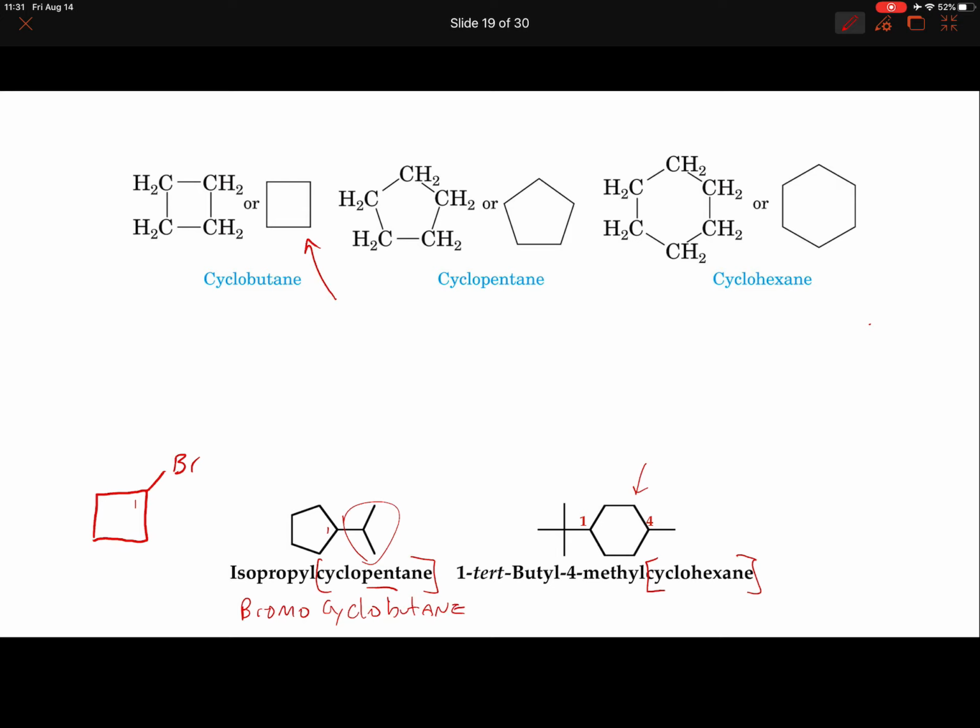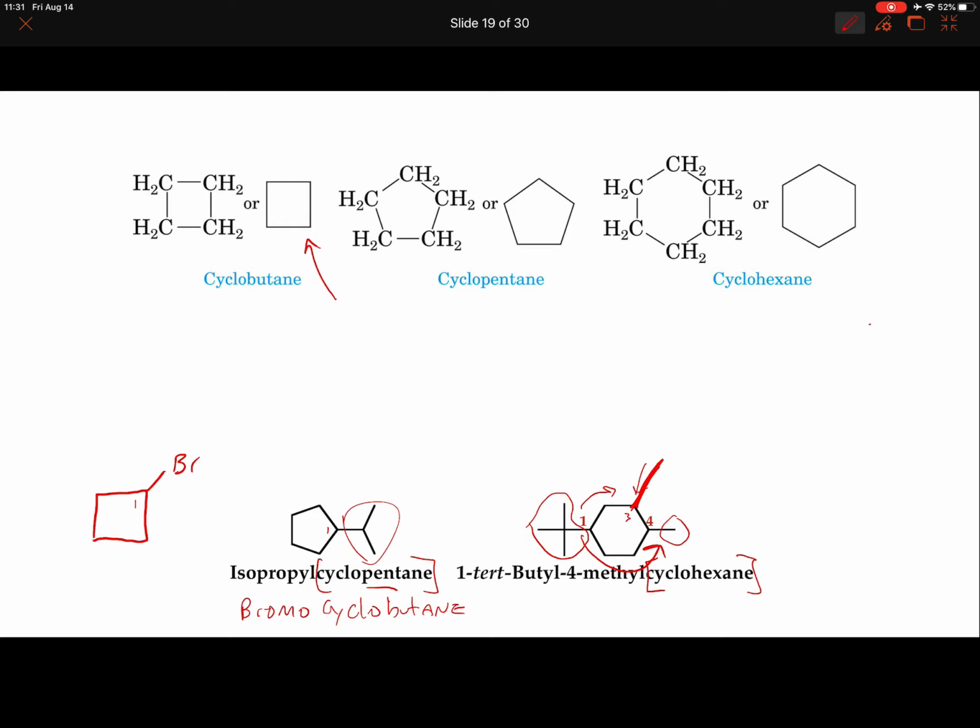If there are 2 substituents, then you do number the ring beginning with the substituent of lower alphabetical order. Because in this case tert-butyl, B, is before methyl, M, we would give that one the number 1 and then number everything relative to that. So if this group was here, we wouldn't number this way, we'd number this way in order to give it a lower number, right?